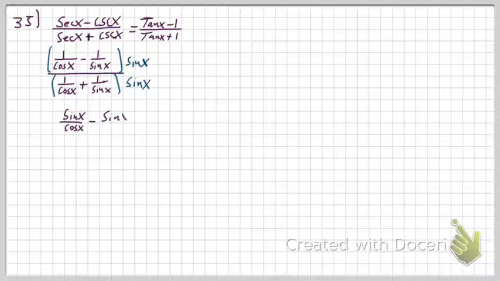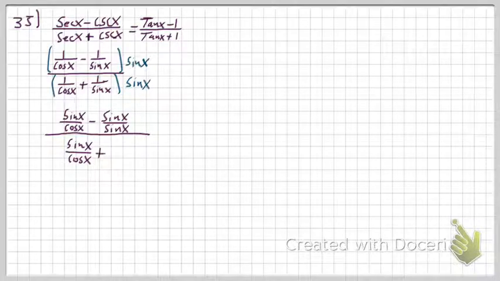I know that's tangent. And then sine divided by sine, that's going to give me 1. And then on the bottom, same sort of thing is going to happen. And this is actually going to come together pretty quickly, by converting reciprocal functions in terms of sine and cosine, and then clearing the denominator.